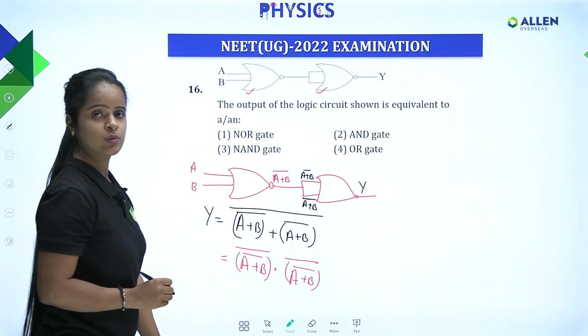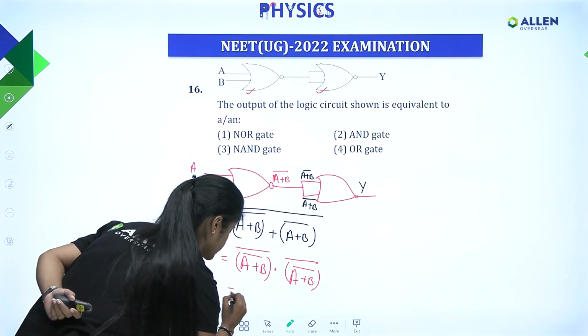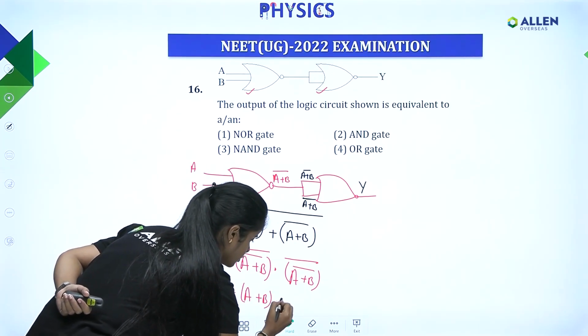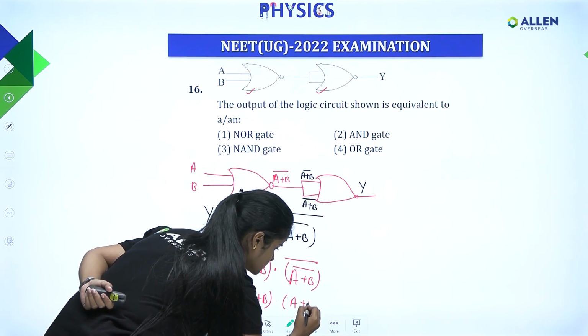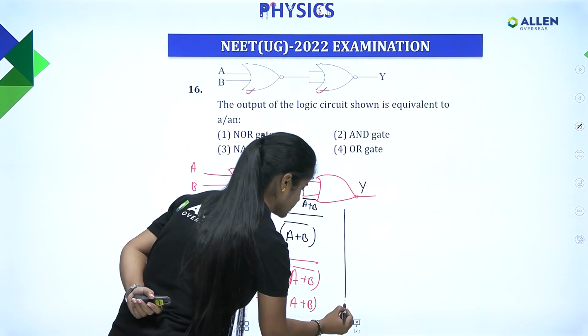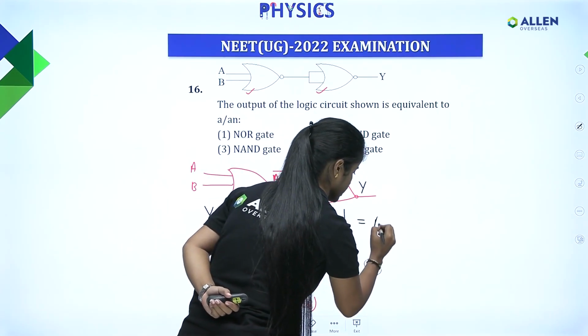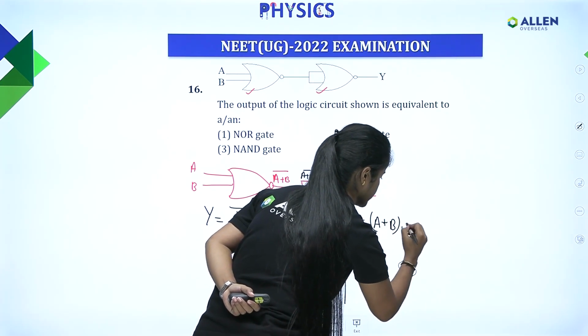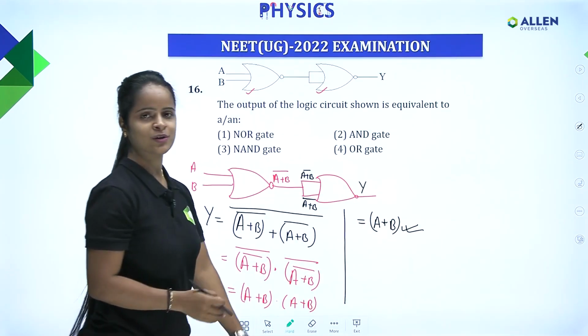Now in the next step, we can easily write it as (A plus B) dot (A plus B), right? And now in the next step, A plus B will be the right answer.